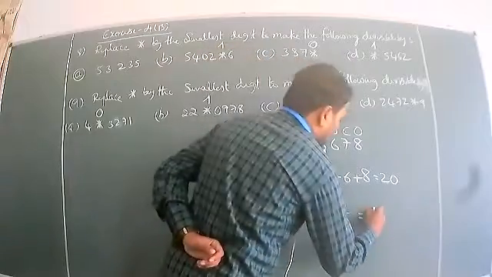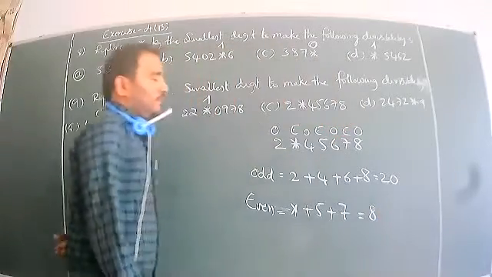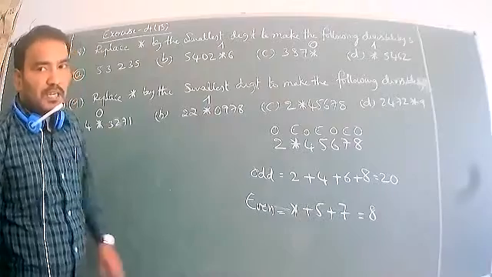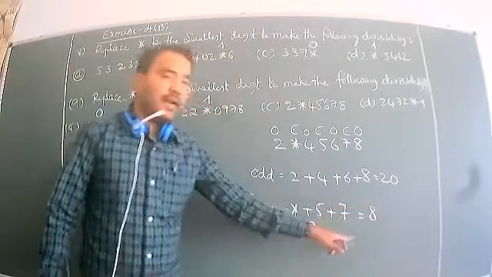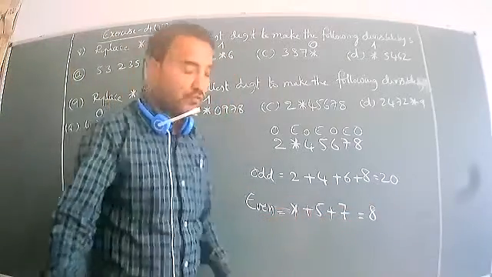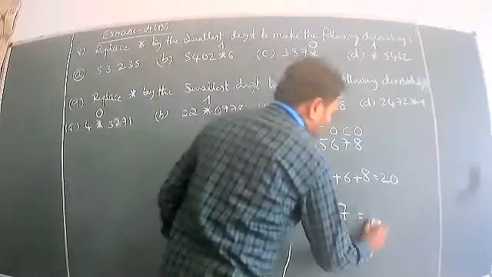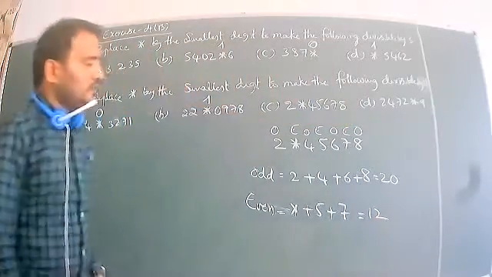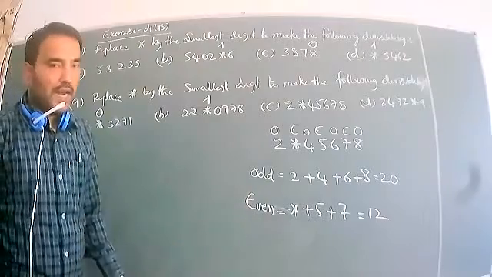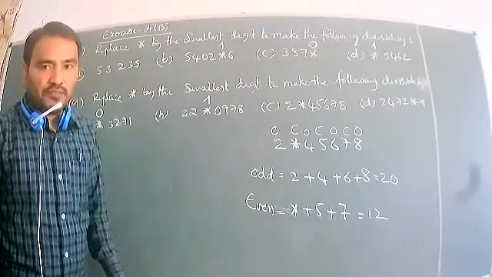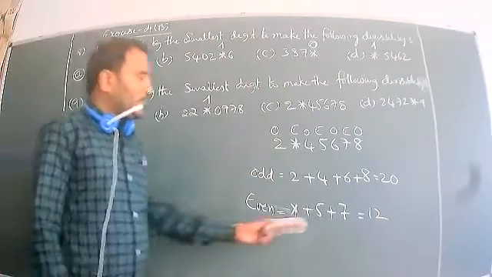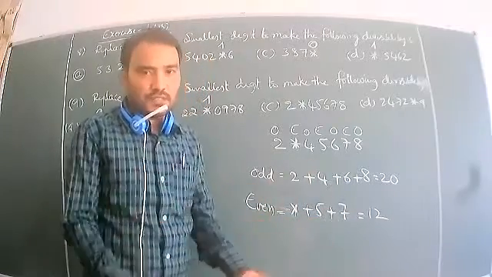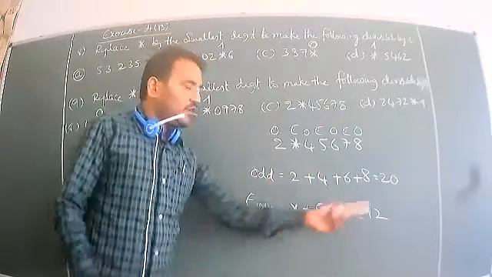So we should write the smallest number that makes it a multiple of 11. 5 plus 7 is 12. So now what number should we add to get a multiple of 11? We can subtract to get 0 or 11, a multiple of 11. 12 is there, how much should we add?